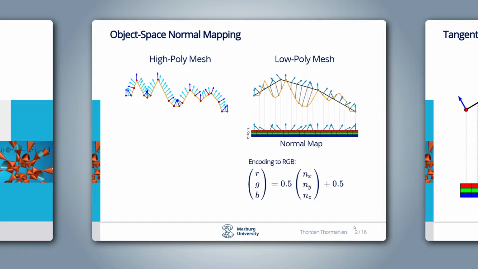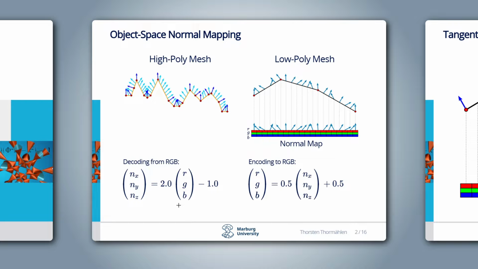Now when we render with the normal map, we perform the inverse mapping from the RGB values in range 0, 1 to normals in range -1, 1 by multiplying by 2 and subtracting 1. Instead of using the interpolated normals of the low poly mesh in the fragment shader, we read the normals from the normal map. This creates the illusion of a highly detailed surface.